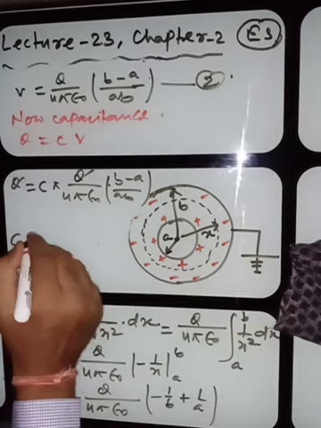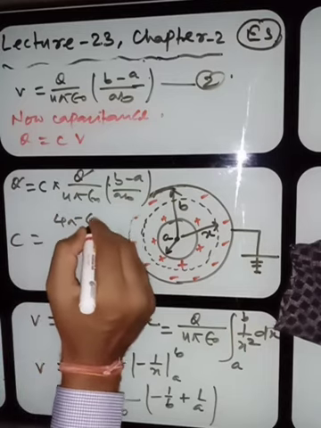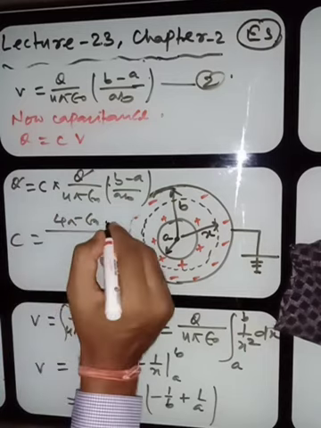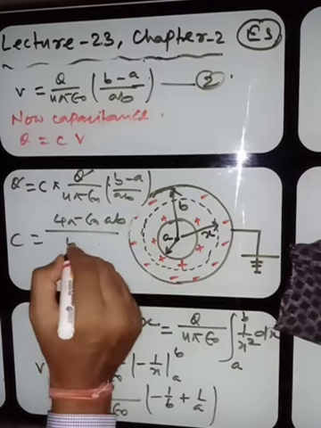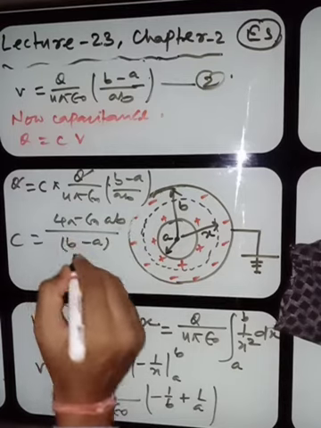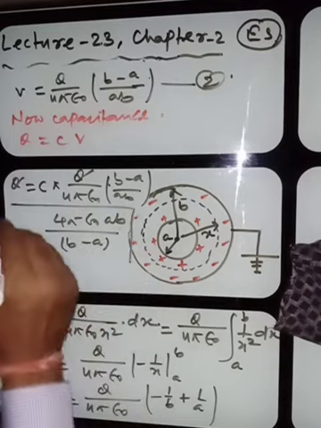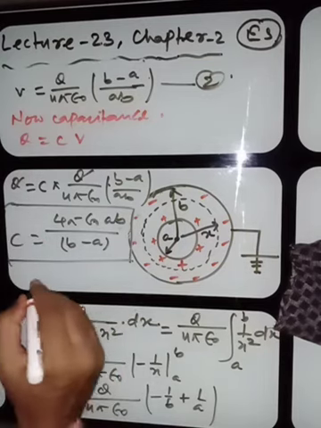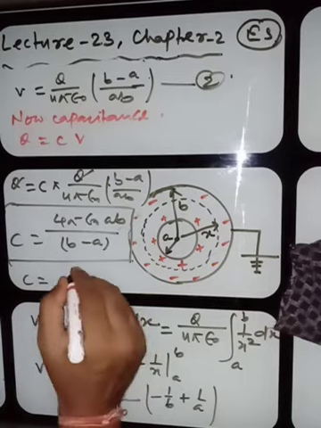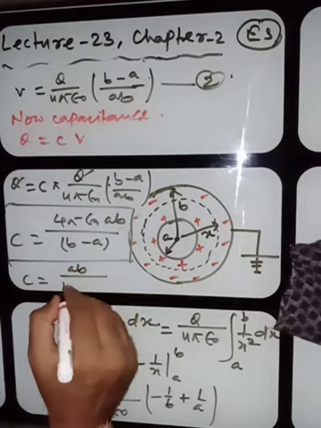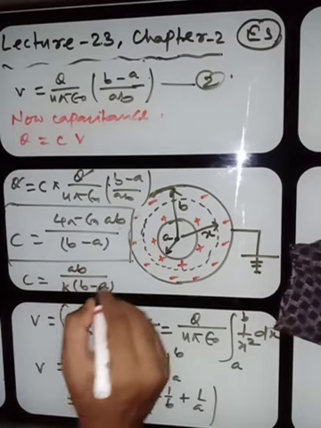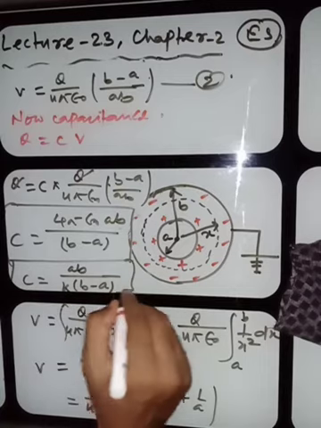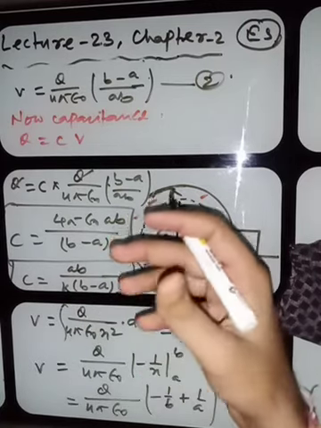Q cancels out. So the C will be 4 pi epsilon naught times AB by B minus A, okay, my dear student. Or this can also be written as C equals AB by K times B minus A. This is another form.